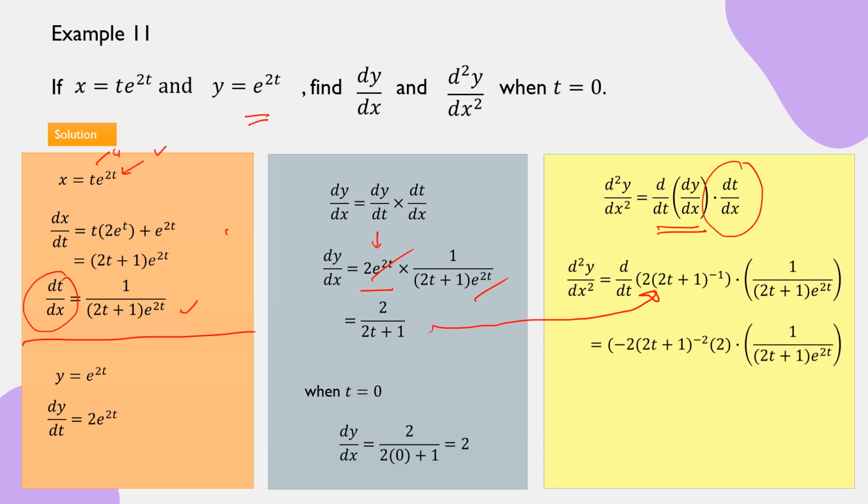So negative 2 times negative 1 times 2, you get negative 2(2t + 1) to the power of negative 2. Differentiate inside the bracket equals 2. After we simplify, you get negative 4 over (2t + 1) to the power of 3 times e^(2t). So when t equals 0, we get the second derivative equal to negative 4. 1 to the power of 3 is 1, e to the power of 0 is 1. That means negative 4 over 1 is negative 4.